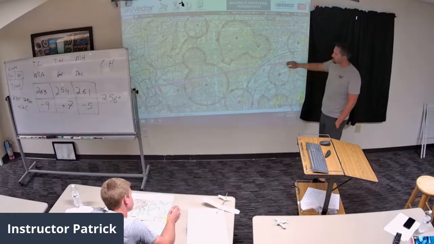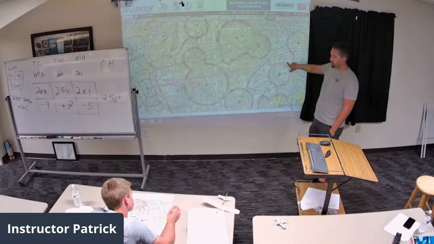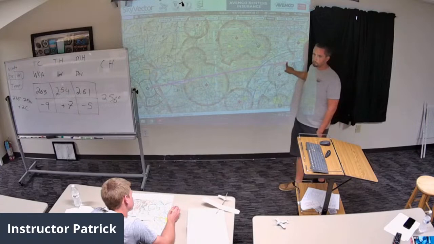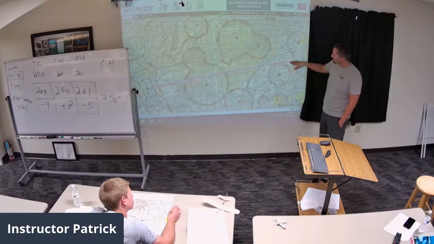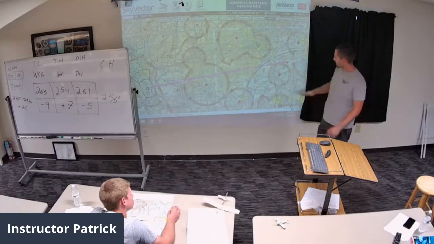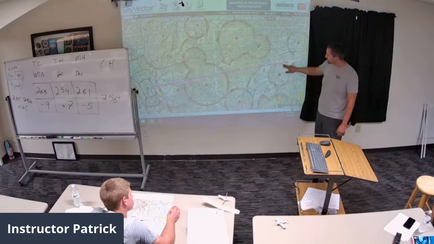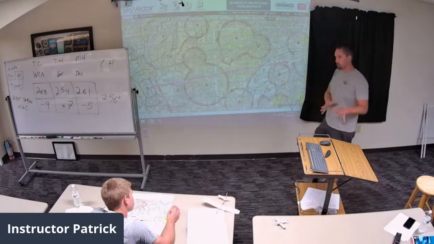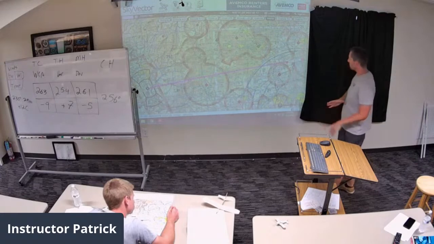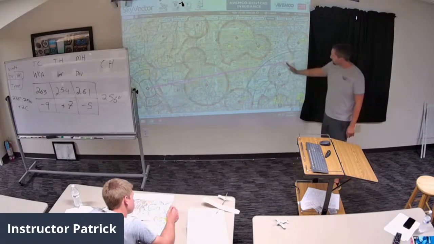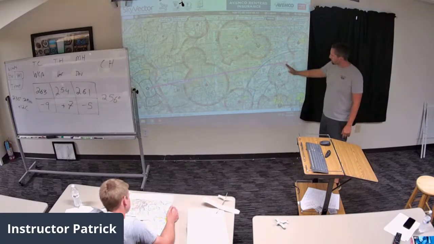Well, luckily, according to this line that we drew on our sectional, we're going to be right over the Little Mountain private airport, right? And if you look very, very close, that airport is going to be off our left side, and there is a grass strip called Laney's, which is also going to be on our left or southern side of the airport. All right? So why don't we make Little Mountain our first waypoint?